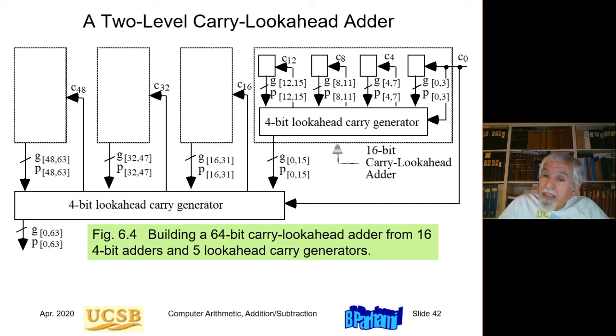This adder consists of 4 16-bit blocks. The first one on the right, a lot of details inside are shown. The other 3 16-bit blocks are just drawn without any details inside. They're identical in structure to that first rightmost block. So what is a 16-bit adder block? A 16-bit adder block consists of 4 4-bit blocks and one of those 4-bit lookahead carry generators.